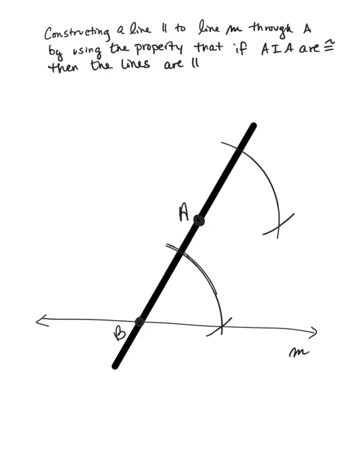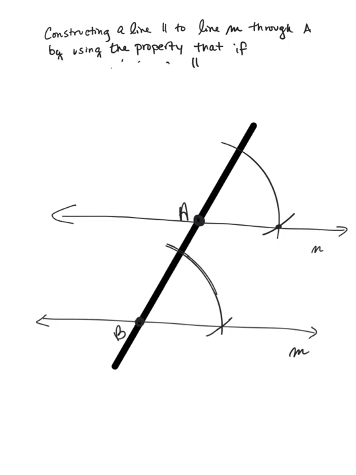So now what you're going to do is you're going to draw a line from A through this point of intersection, and then these two lines are parallel. And it's not from AIA. Sorry, I just get so used to AIA. It's from corresponding angles are congruent. Then the lines are parallel.